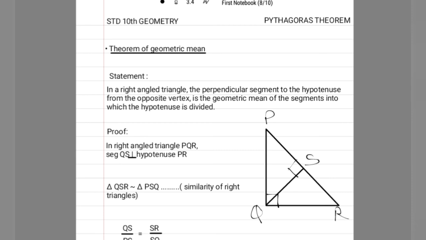I will explain it in this simple way so that you will get to know what they are trying to say. That is, they are saying that if we have a right angle triangle, then the perpendicular drawn, this thing we have done in our previous theorem, this perpendicular is drawn to the hypotenuse, and what they are saying is the geometric mean.